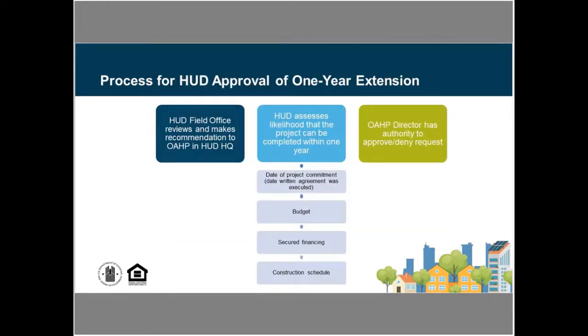So the HUD field office is going to review those requests, and then they will make a recommendation to HUD headquarters on this. HUD headquarters is going to be looking at essentially the likelihood that that project can be completed if they grant that extension. Looking at the budget, looking at the financing, looking at your construction schedule to make sure that it is viable.